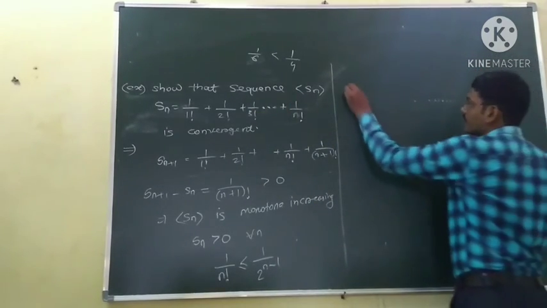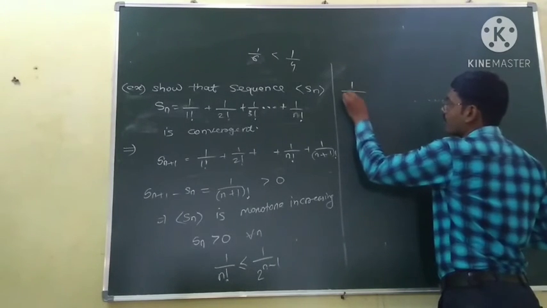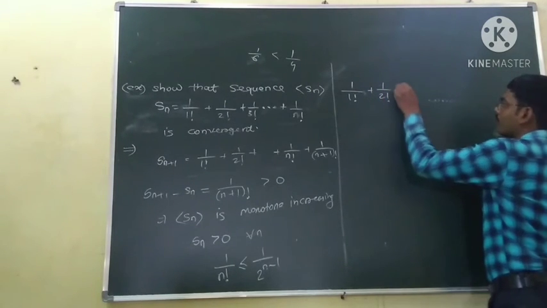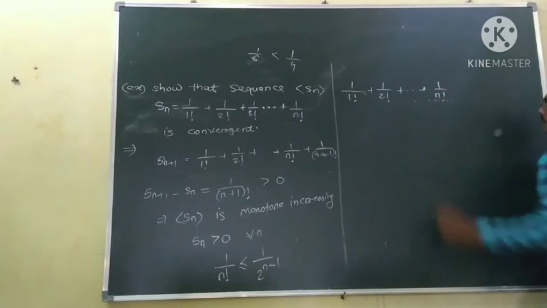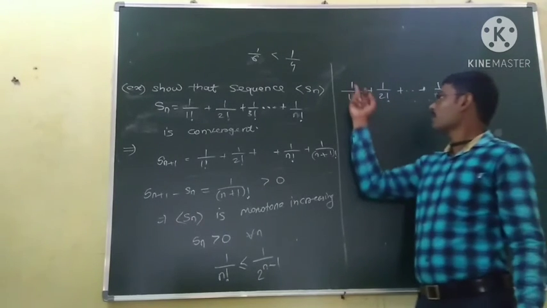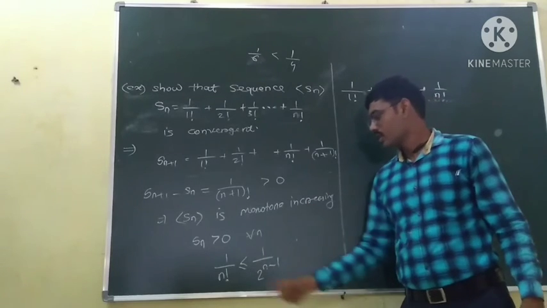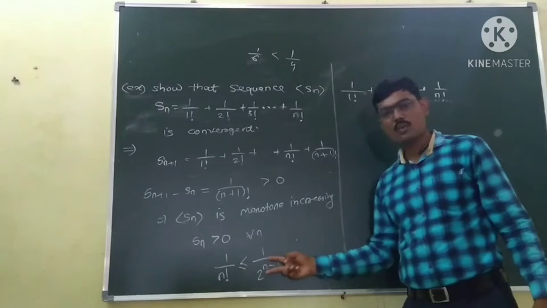So we can write Sn is equal to 1 upon 1 factorial plus 1 upon 2 factorial up to 1 upon n factorial. But 1 upon 1 factorial, using this, put n is equal to 1, we get 1 only.